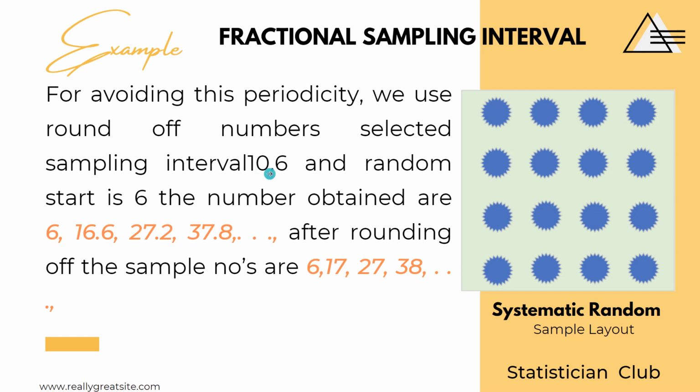After the random start, suppose that the first random number is 6. Then 6 plus 10.6 is 16.6, adding 10.6 again gives 27.2, then 37.8, and after rounding, 6, 17, because 16.6 is above 0.5, so we consider it 17, 27, 38 and so on.